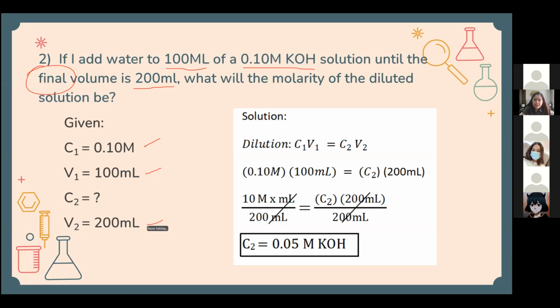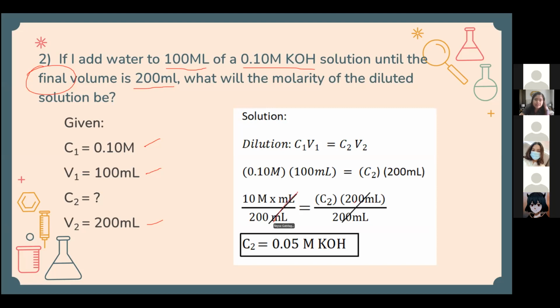So 0.10 times 100 ml is 10 M. Is that 10 M? 0.10 times 100. Yeah, it's 10 M times ml equals C2 times 200 ml. Divide both sides with the 200 ml so that you can isolate the C2.